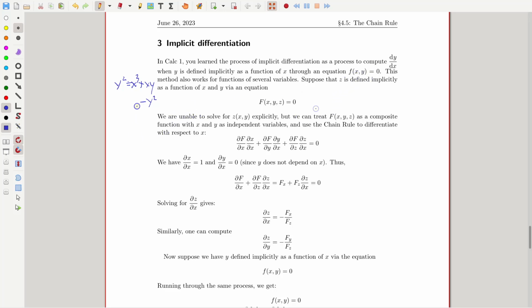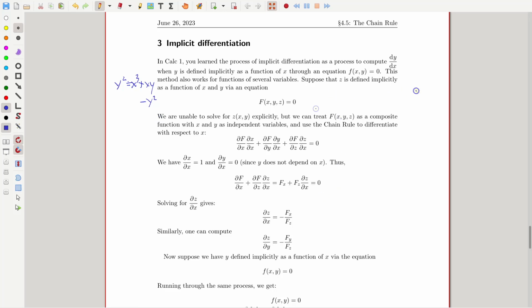And then to get it into this form, we just move everything to one side so that we have the other side equaling 0. Then the way that implicit differentiation worked was we just tacked on this additional rule saying that whenever we encounter a y, its derivative is dy dx, the special symbol dy dx, and then you solve for dy dx and just juggle the equation around.